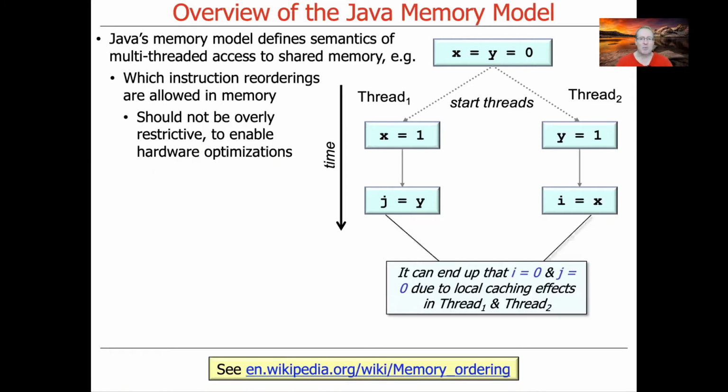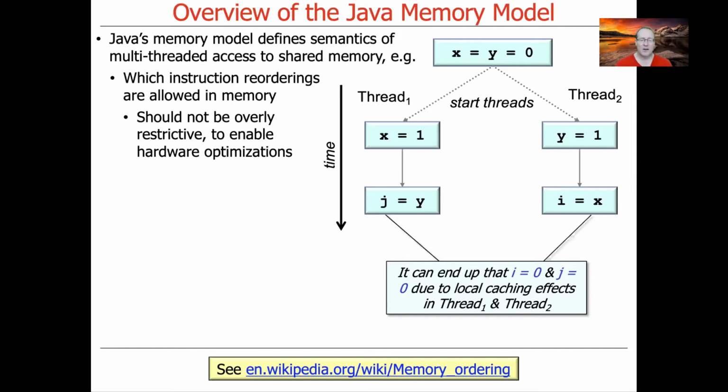So let's take a look at a simple example here. Let's assume that we have some variables, x and y, and we'll say they're ints, for lack of a better thing. They could be longs or chars. And let's assume that they are accessible to thread 1 and thread 2. So we'll assume thread 1 starts up, we'll assume thread 2 starts up, and for the sake of argument, they both start up at the same time.